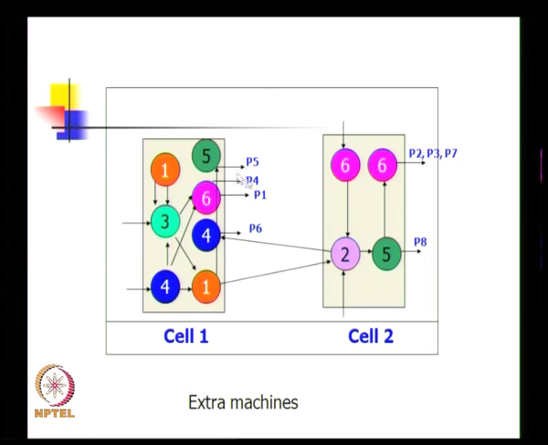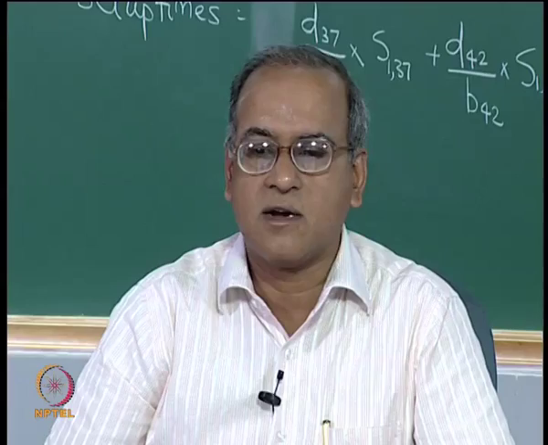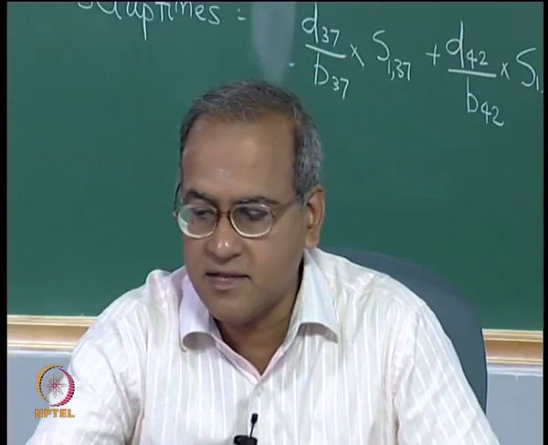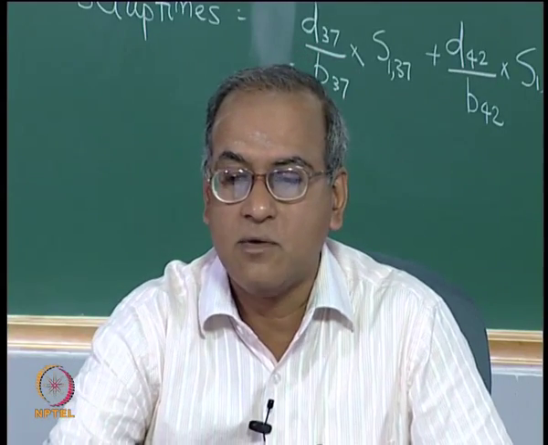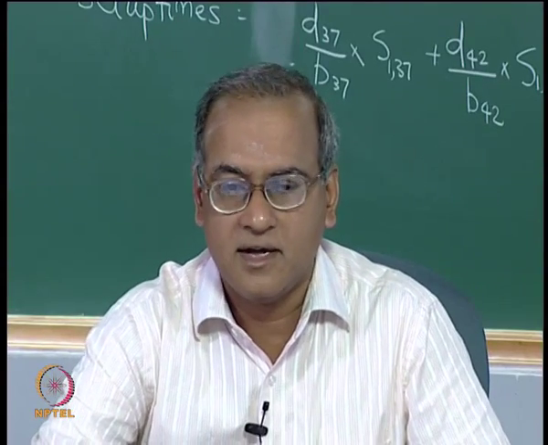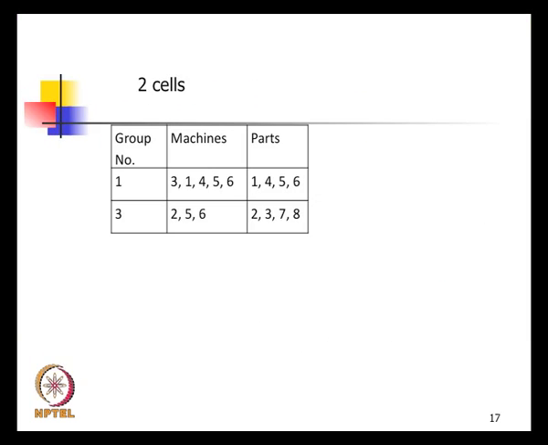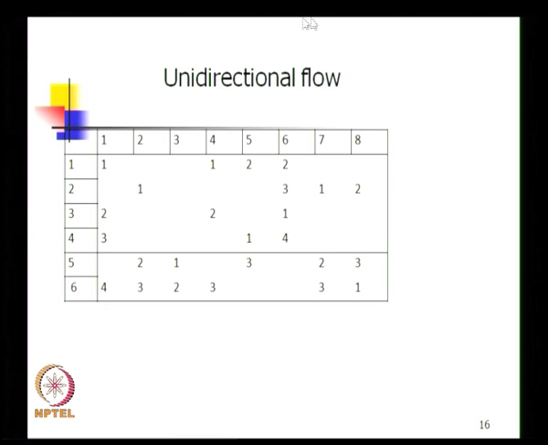But the point that we make is, because of unidirectional flows, we may have to increase machines as it comes, because if you see this very carefully, now there is 1, 2, 3, 4 and then you find part 6 which has 3, 1, 2 and 4.